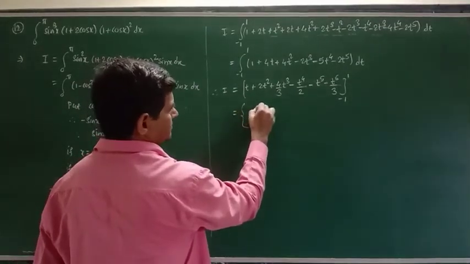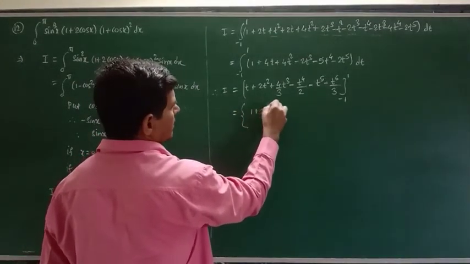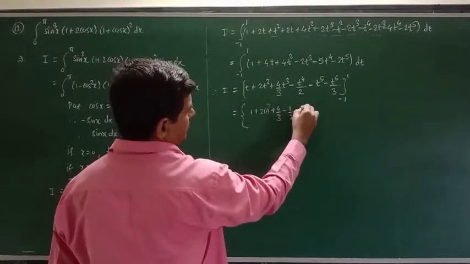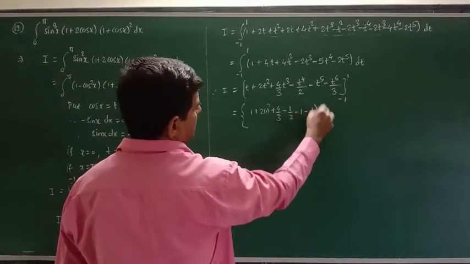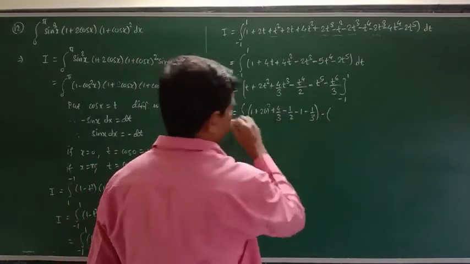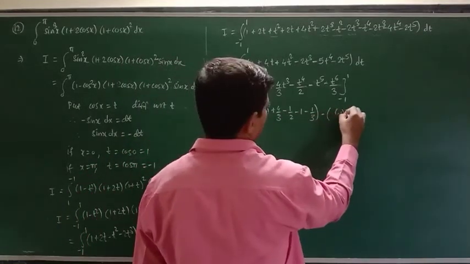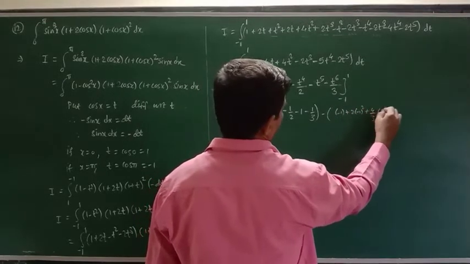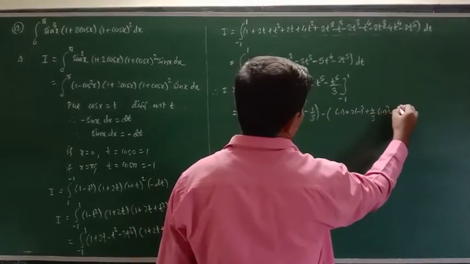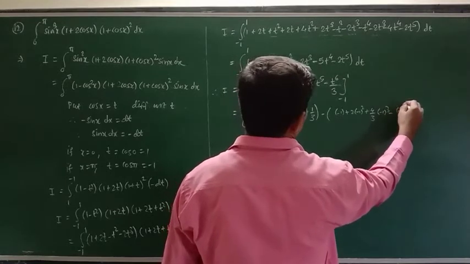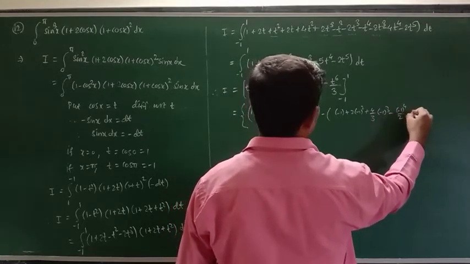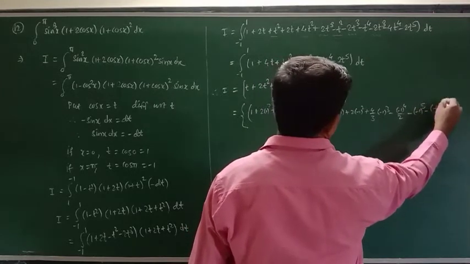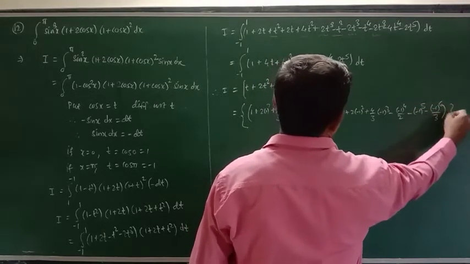So 1 plus 2 into 1 square plus 4 by 3 minus 1 half minus 1 by 3, minus lower limit: minus 1 plus 2 into minus 1 square plus 4 by 3 into minus 1 cube minus minus 1 raised to 4 upon 2 minus minus 1 raised to 5 minus minus 1 raised to 6 by 3.